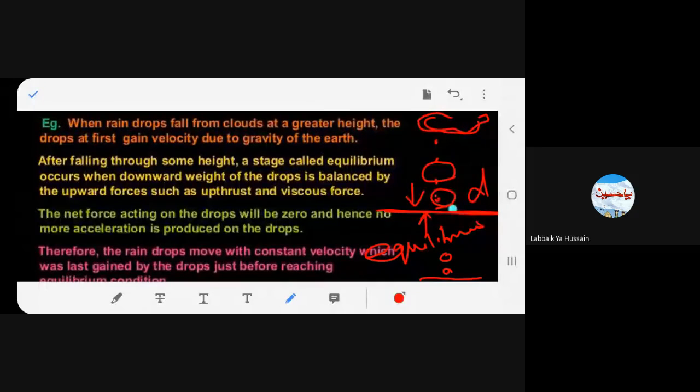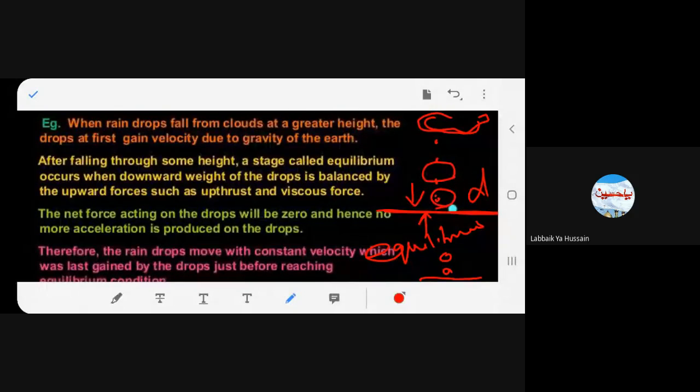What is getting balanced? Say it like that so you will understand. Which force do I take first? The weight of the droplet, right? The weight of the raindrops. It gets balanced with what? Upward thrust. Which upward thrust are we talking about, beta? Air. Air is creating a force, isn't it?